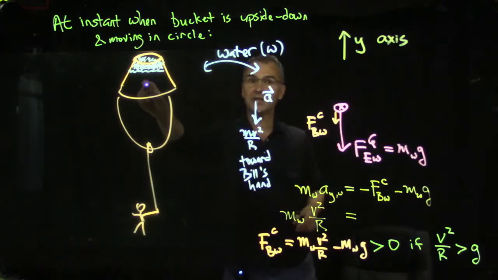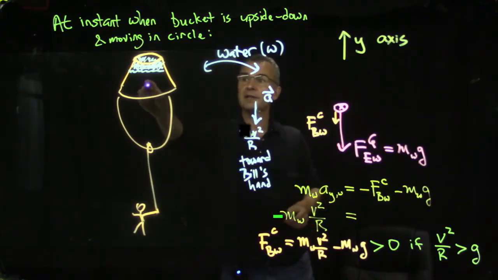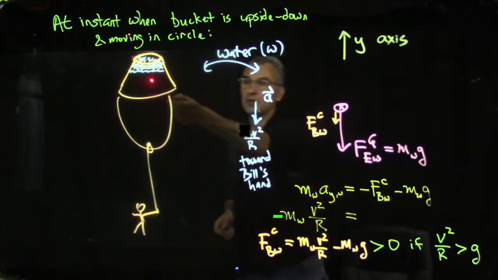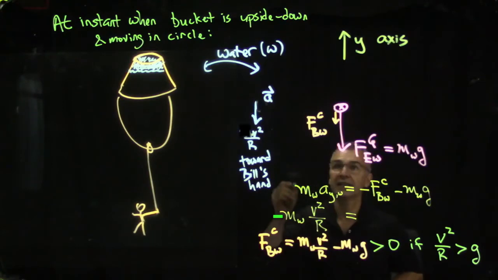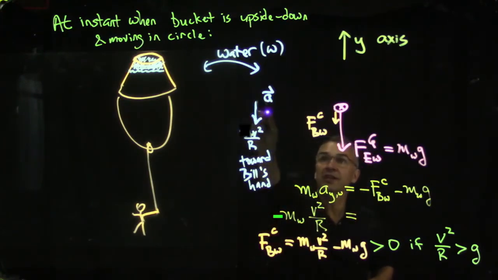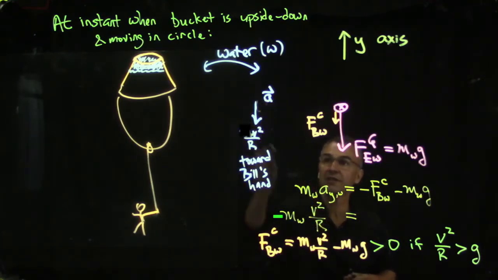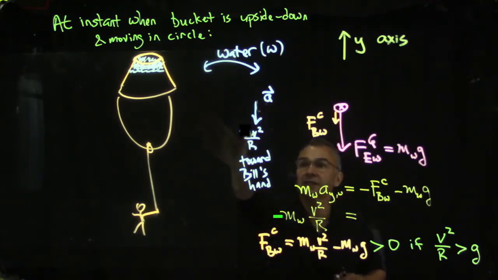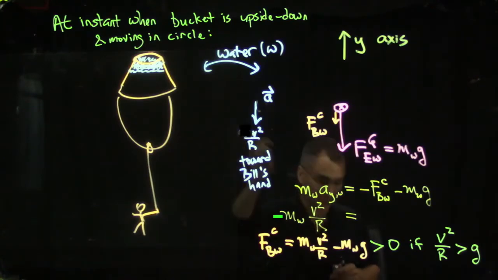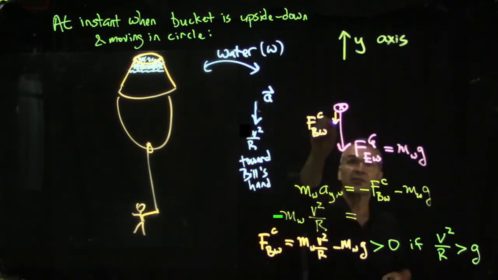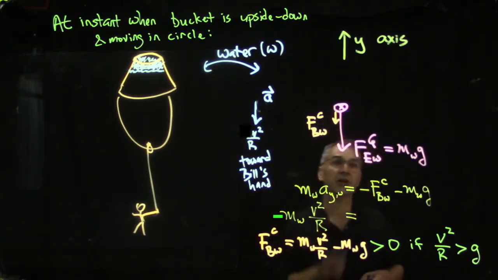So if we look at the moment when the bucket is upside down and we draw a free body diagram for the water at that moment, then the water is accelerating toward my hand. My hand is the center of rotation. So the acceleration is v squared over r toward my hand. And there's a gravitational force downward on the water by Earth.